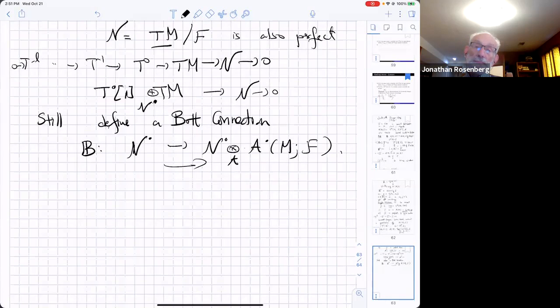Well, we still have the map that goes from A dot of M to A dot of M comma f. But this map doesn't have very good properties. In terms of homotopical algebra, this map is not a fibration, is the technical issue.